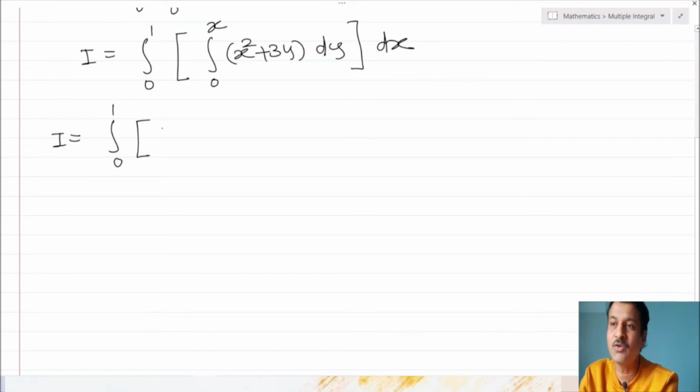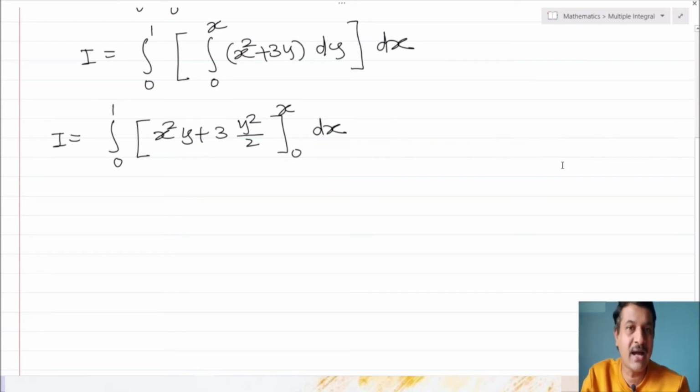So x is a constant, so I am getting x into y plus 3 y square by 2. What are the limits? 0 to x. So don't forget, these are the limits of y. So y replaced by the upper limit minus y replaced by the lower limit.